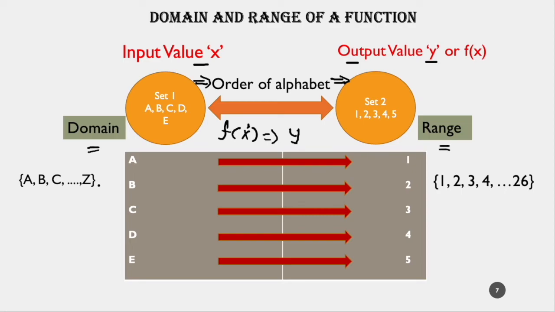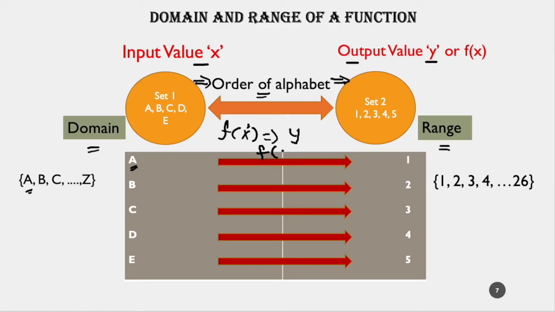Now we need to apply a rule or relationship to process these elements to get an output. In this case, let's apply the rule order of alphabets to the processing function. So let's say the processing function or the rule is order of alphabets. That means when you input the letter A to the function, what would be our output?